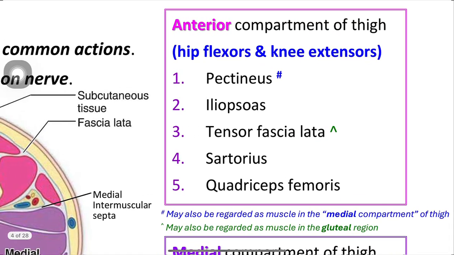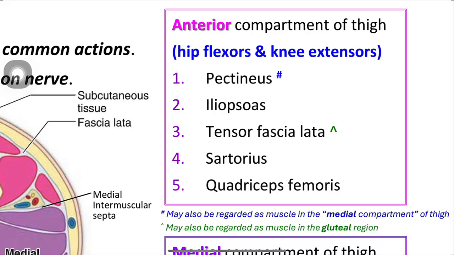So the pectineus here can also be referred to the medial compartment of the thigh. So that's why if you read textbook, you may see other story. I tell you now. Okay, in terms of the location, it is anterior. But in terms of the function, not quite anterior compartment.